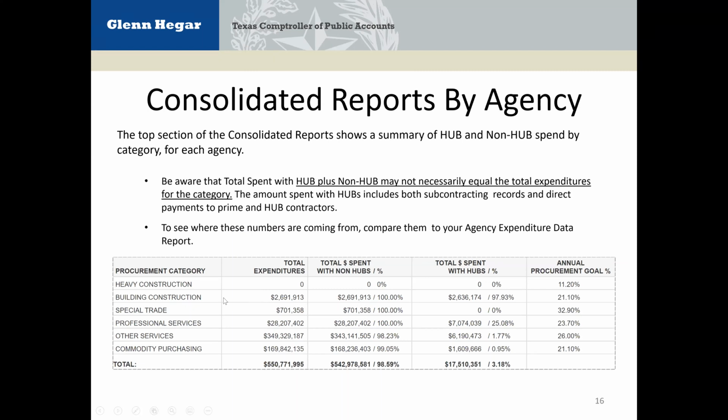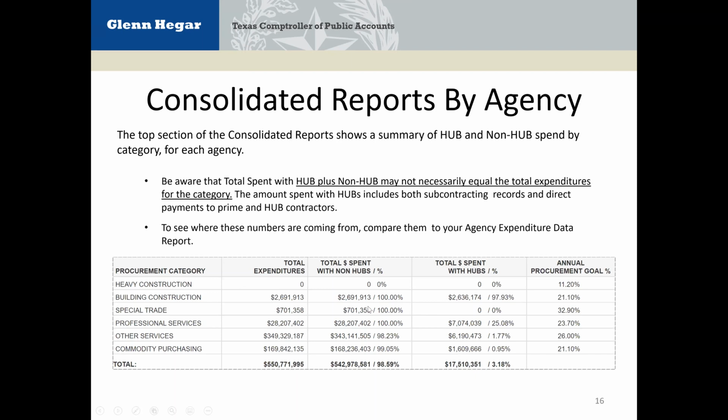This is the same number, so you can see that all of those payments went to prime non-hub contractors. So 100% of your payments went to non-hubs. But this amount includes your subcontracting. So this dollar amount is already accounted for in these total expenditures. So these two things added up can't equal this.